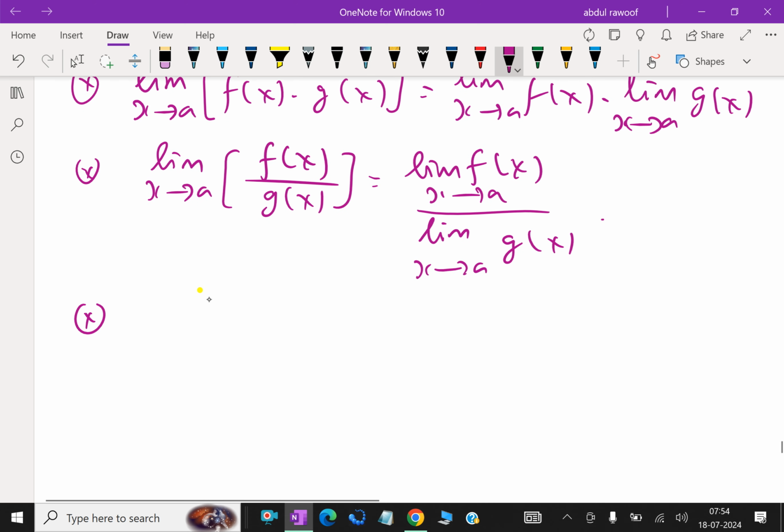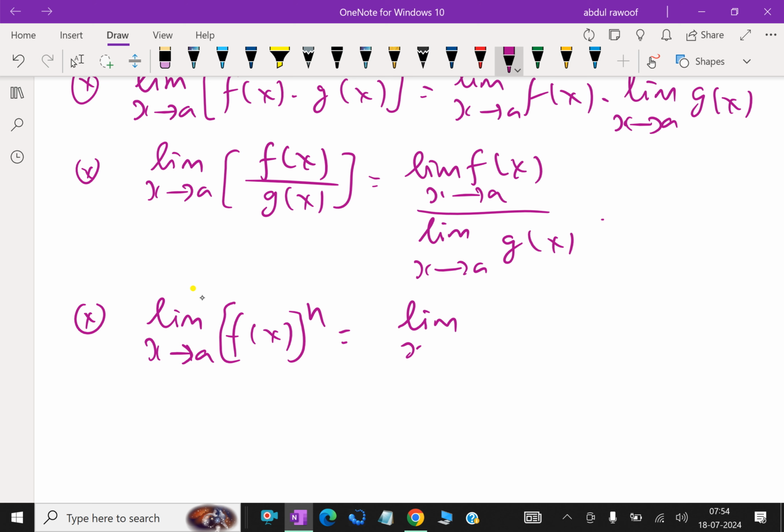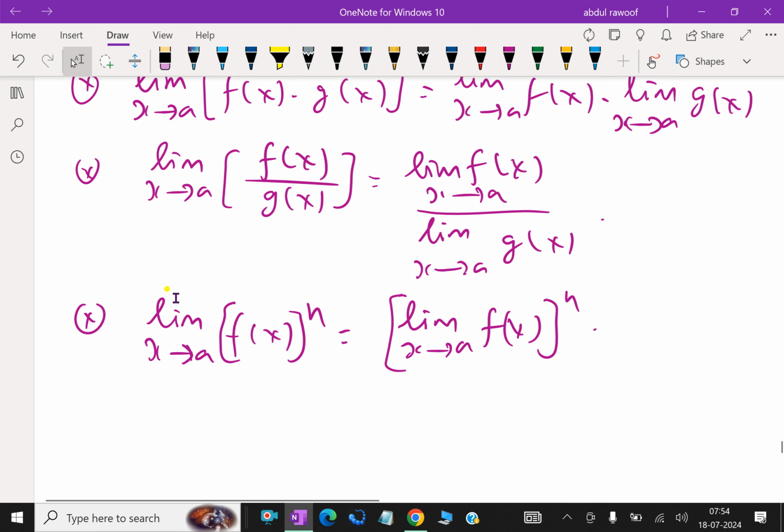For powers, the limit as x tends to a of f of x to the power n is the same as the limit as x tends to a of f of x, whole to the power n, where n should be greater than 0.